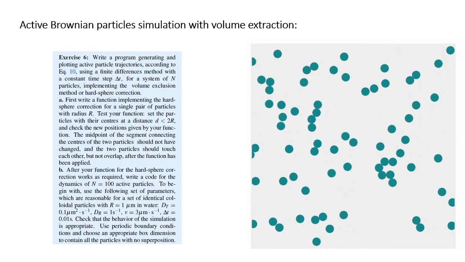The details of this overlap removal are written in the lecture notes, and in this example you're going to prepare such an example where active particles are swimming around with some translational and rotational diffusion, and once in a while they get pushed by each other because they encounter another swimmer, as can be seen in this video.